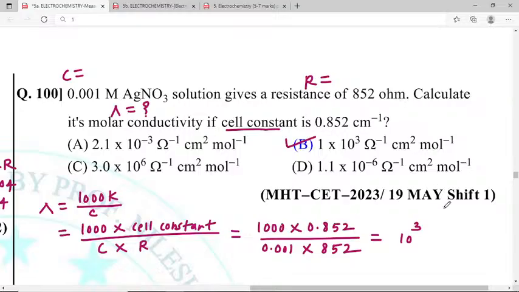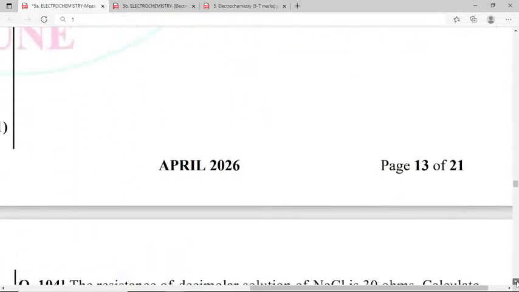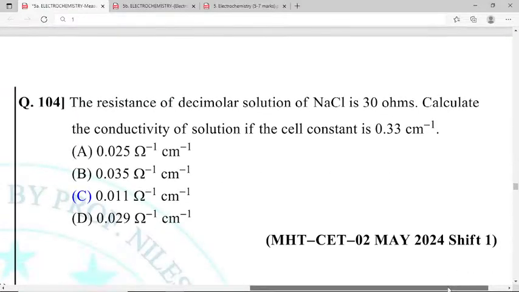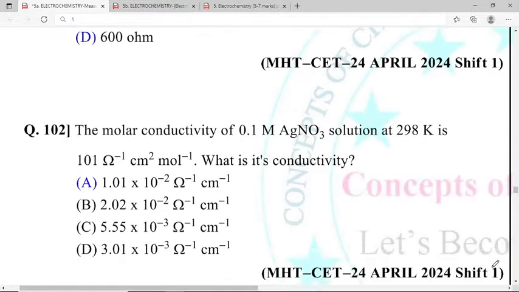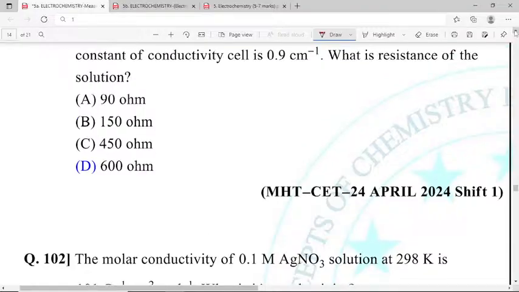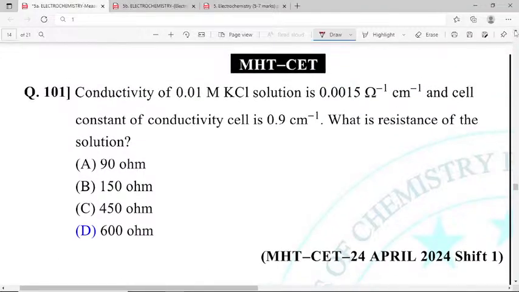Okay, get it? Question 2023. Now start the questions from 2024. Question 2024. The conductivity K is given, the cell constant is given. What is the resistance? R we have to calculate.